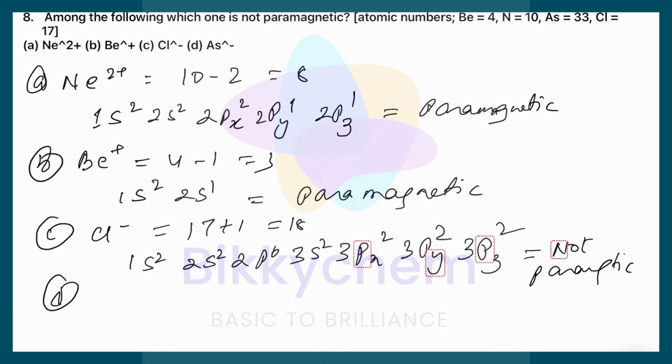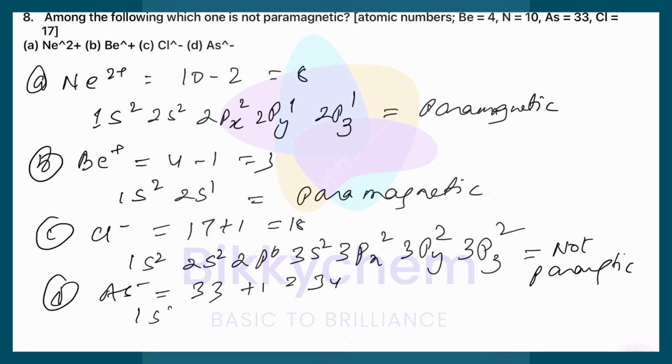D is As minus. So As is how much? 33 plus 1, it is 34.